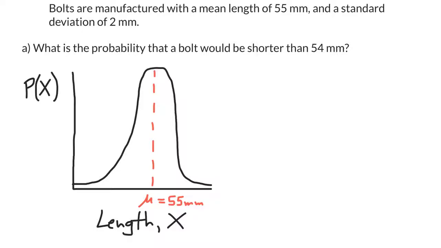The question is asking me to find the probability that a bolt will be shorter than 54 millimeters. Well, 54 millimeters is going to be on this side of the mean. So the probability that a bolt will be shorter than 54 millimeters, I'm looking for the area under the curve just in this section.